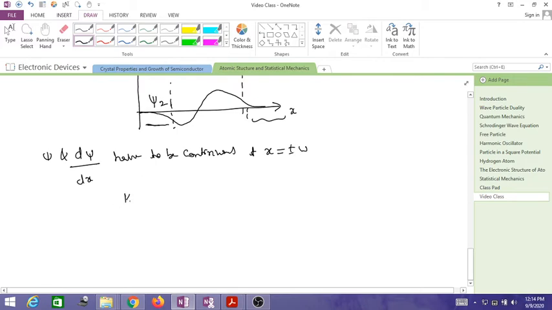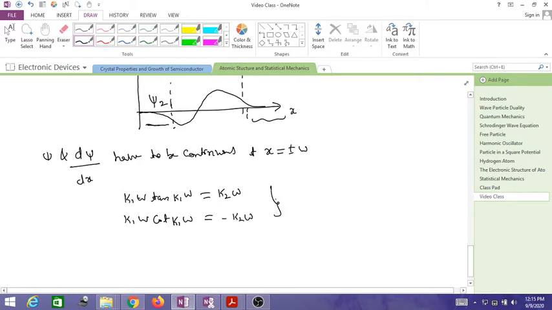Then we obtain, in terms of tan and cot, k1 w tan k1 w is equal to k2 w, and k1 w cot k1 w is equal to minus k2 w.